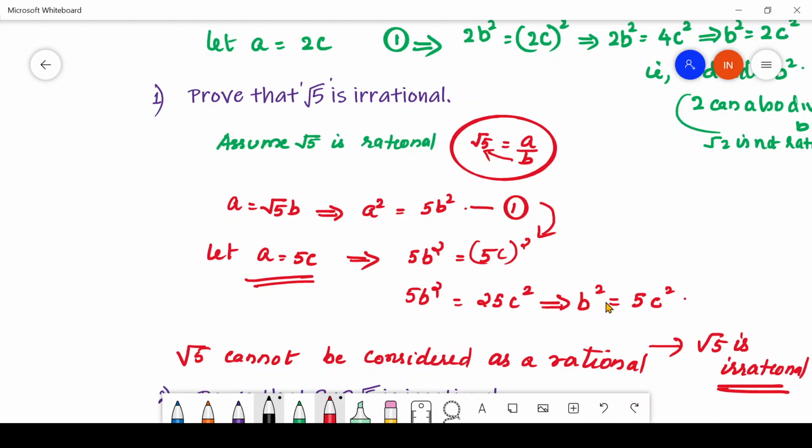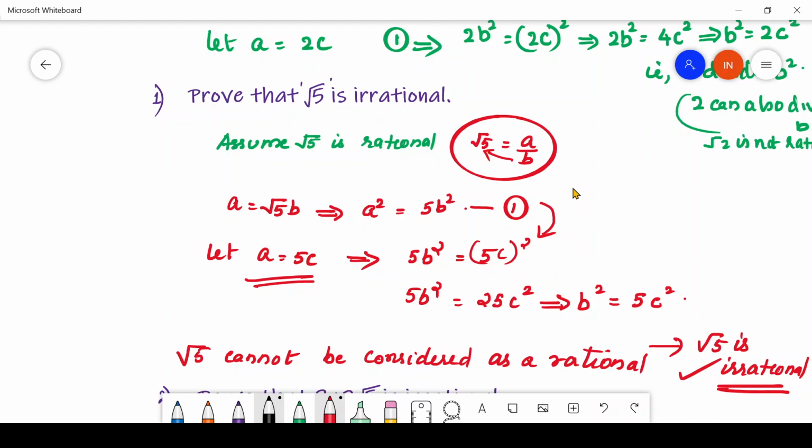From this, we got b square is equal to what? 5c square. So this shows that a and b have a common factor 5. And this is a contradiction to the fact that a and b are coprime, right? So root 5 cannot be expressed in the form of p by q, and it can be said that root 5 is irrational. Is it clear?